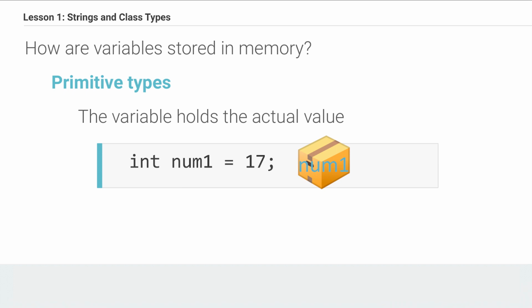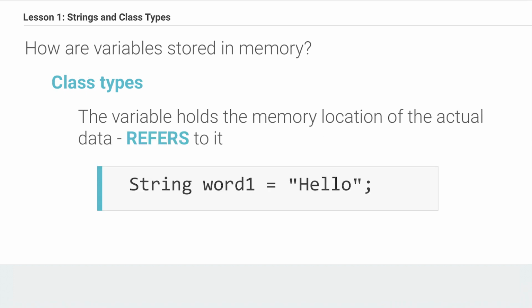So if you've had a chance to study the binary number system, you know exactly what that set of zeros and ones would look like, and somewhere in your computer that is stored, and that's what this variable num1 refers to.